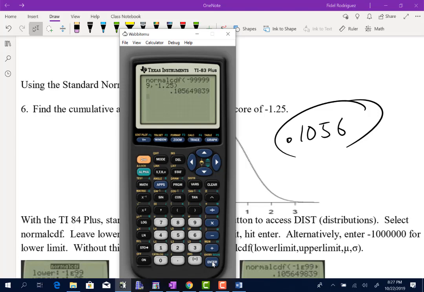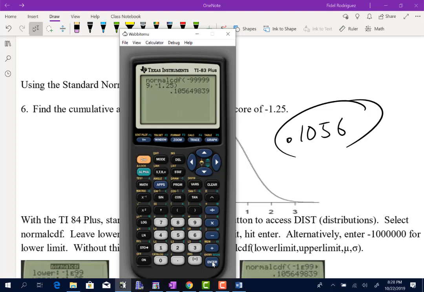So remember, what was the first number I typed in on the other calculator, guys? Negative a whole bunch of nines, right? So I'm going to do the same thing here, my negative 99999. My upper, what was the last number we stopped at? Negative what number?